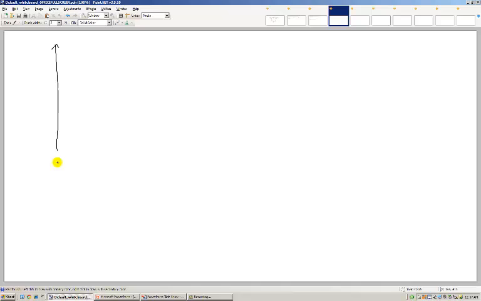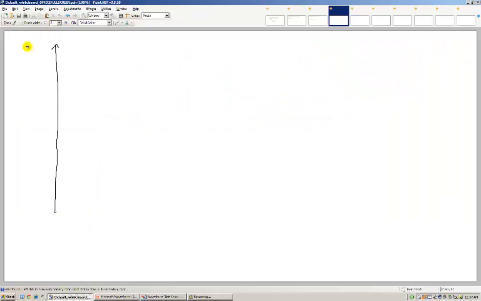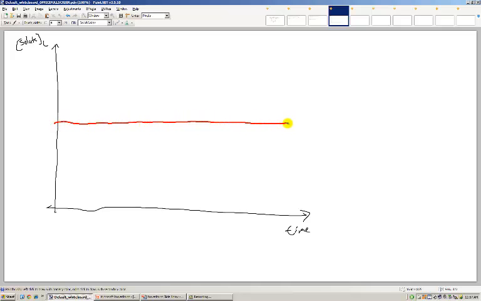So let's say we wanted to look at the concentration of solute on the left over time. What you find is that concentration won't change, right?